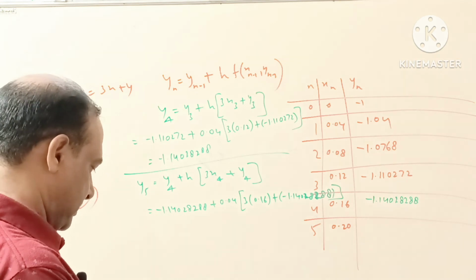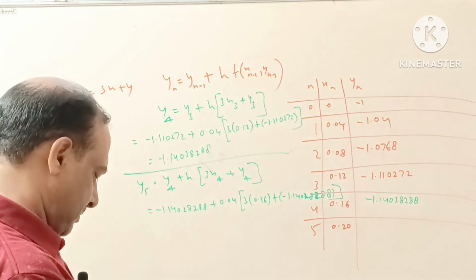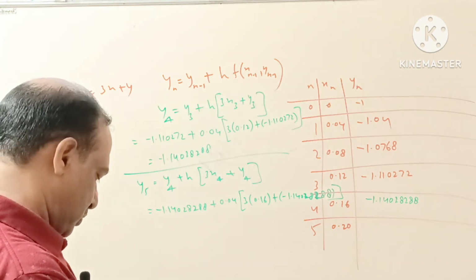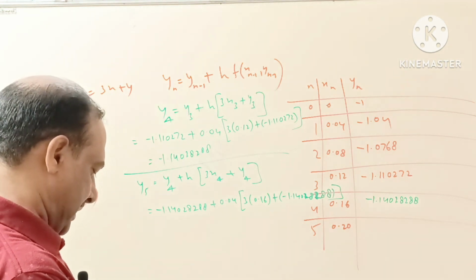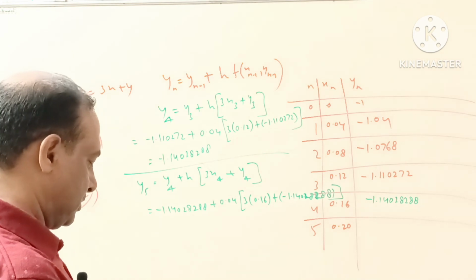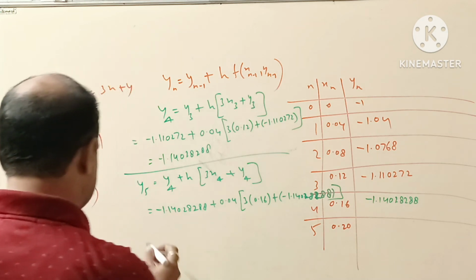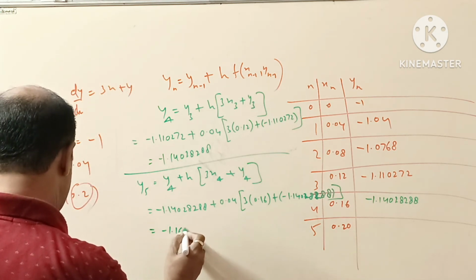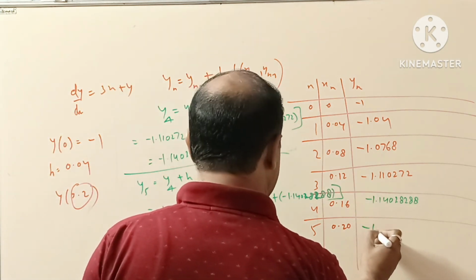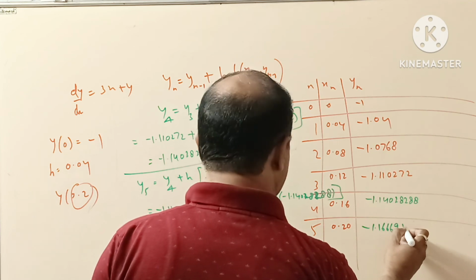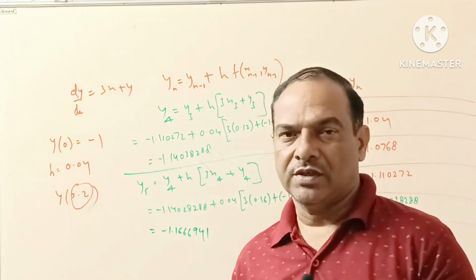In the bracket you have 0.48, minus 1.1402828, and the bracket is closed. Execute. You will have minus 1.1666941, and here the answer is minus 1.1666941. These are the approximate values which you can get with the help of the GDC.